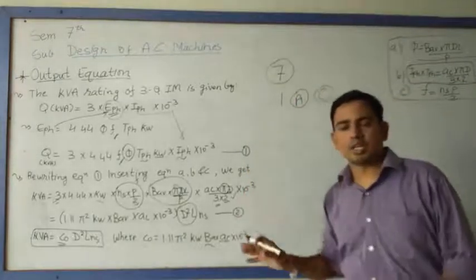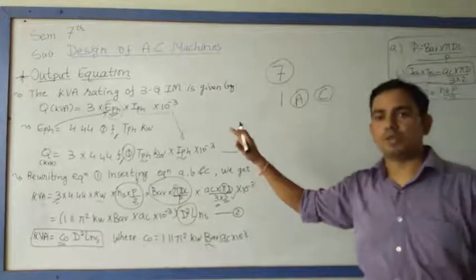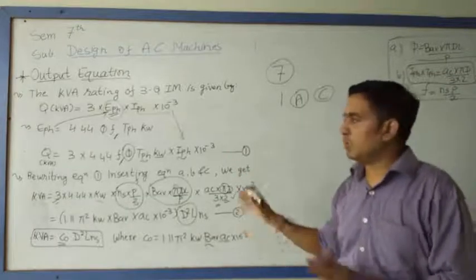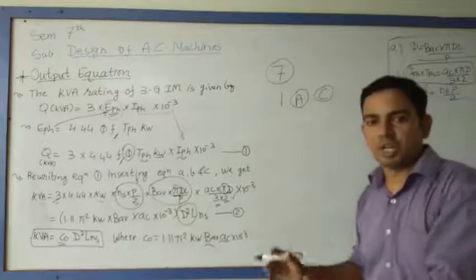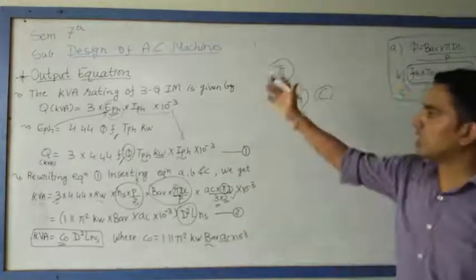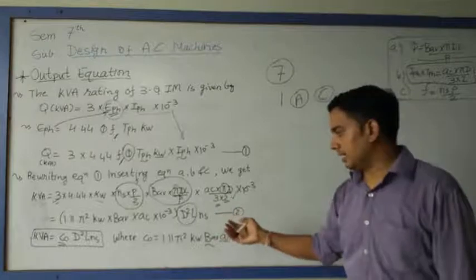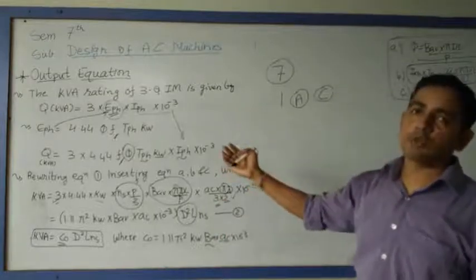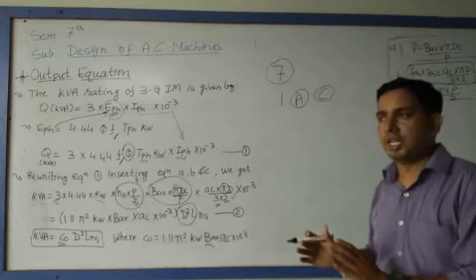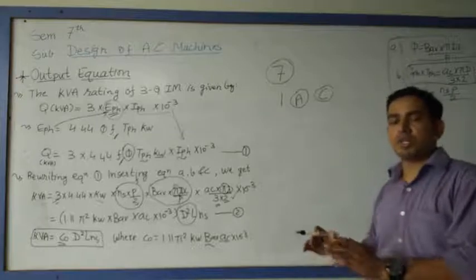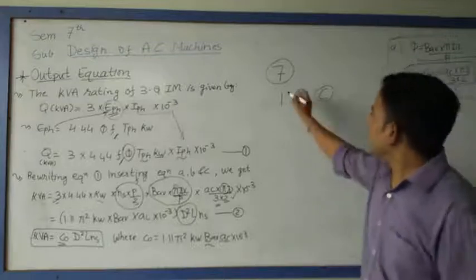Define specific electric loading and specific magnetic loading along with output equation of three-phase induction motor. Means the previous portion of this theory, specific electric loading and specific magnetic loading definition along with its equation, and output equation, that is kVA or Q is equal to C0 D square L Ns. These two theories are going to be asked combined in GTU exam paper, and most probably in question number 1 for 7 marks or question number 2C for 7 marks. So grab it.